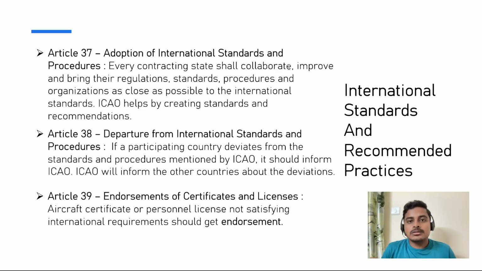This note clearly mentions that these specific requirements were not met by that particular aircraft or person, and it helps the authorities understand the limitations and differences, right? And then if that aircraft or person is flying to another country, they have a clear idea about which standards were not met, and it gives them the option whether or not to accept these licenses and certificates.